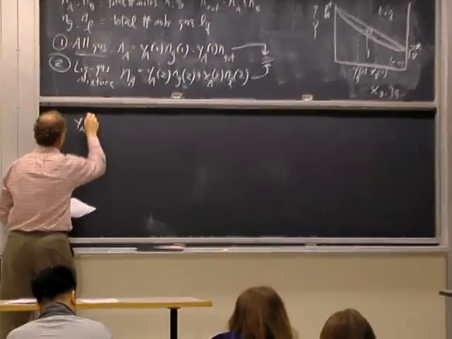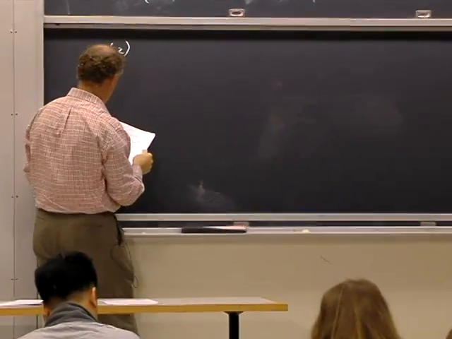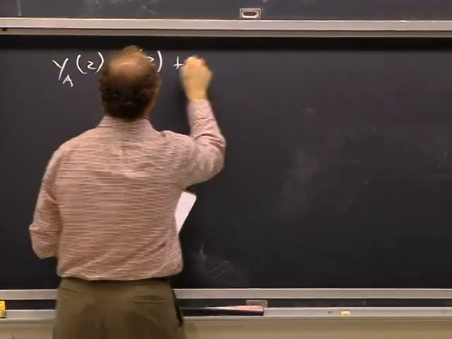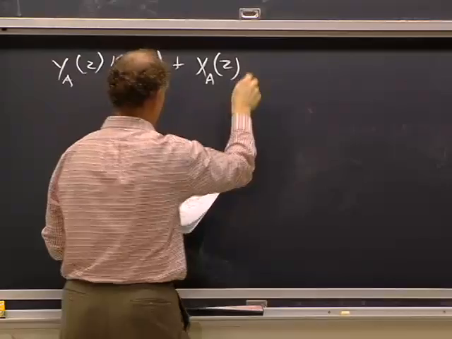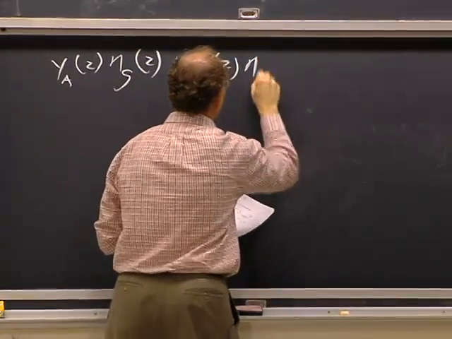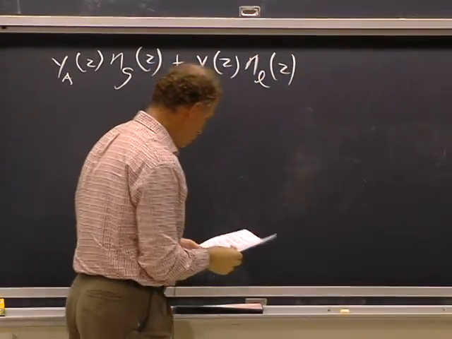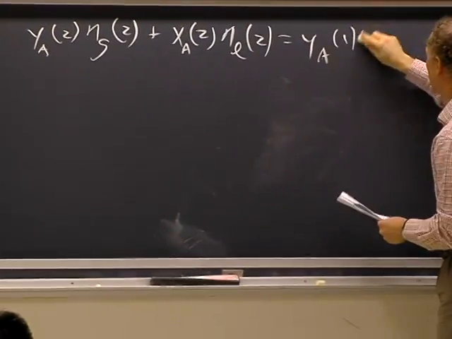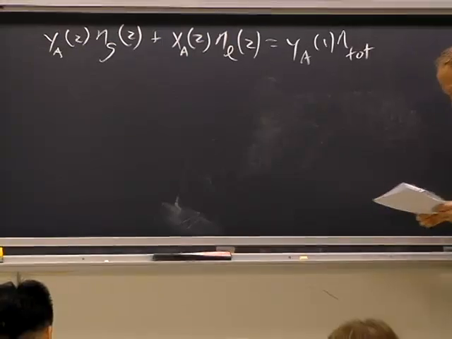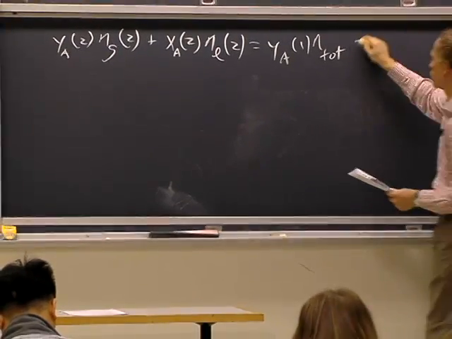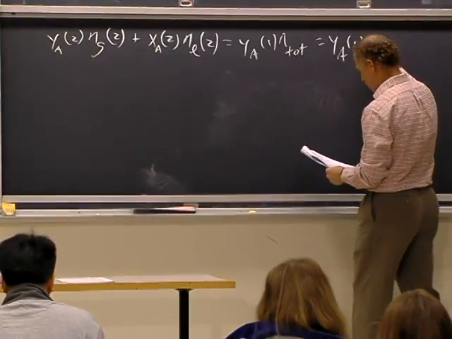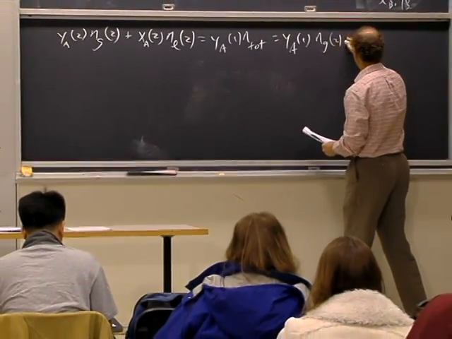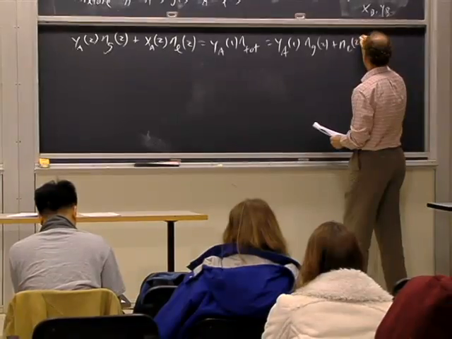Then Ya of 2 times Ng of 2 plus Xa of 2 times N liquid of 2 is equal to Ya of 1 times N total, which is, of course, equal to Ya of 1 times N gas at 2 plus N liquid at 2.